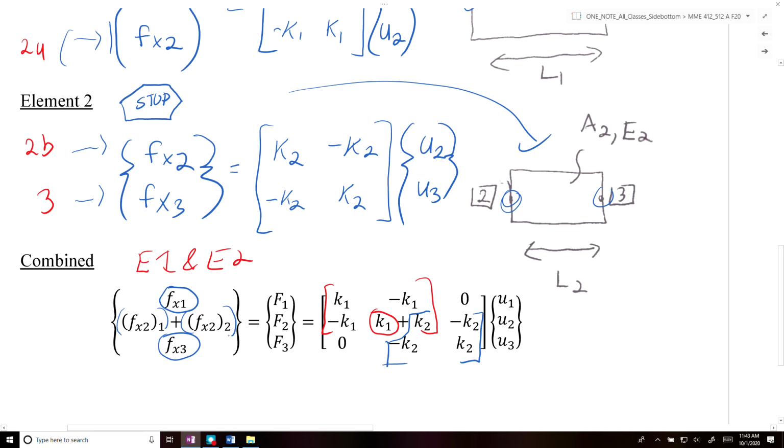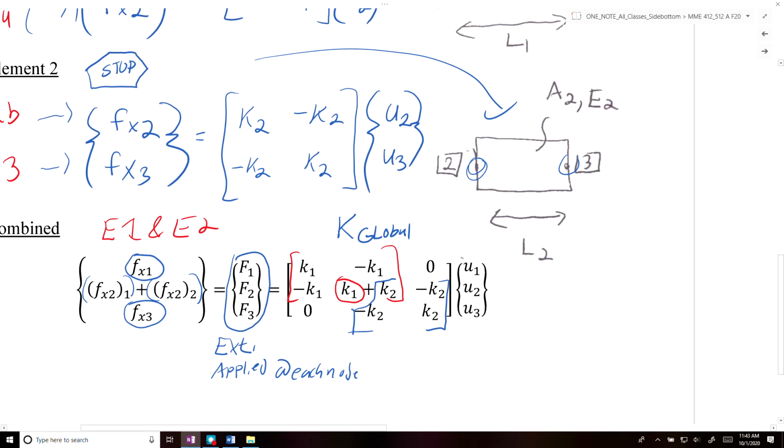If we take our nodal forces and add them together, what we end up getting is our externally applied forces at each node, and that will be equal to our global stiffness matrix, which we'll call K global, times our displacement matrix for all of our nodes.